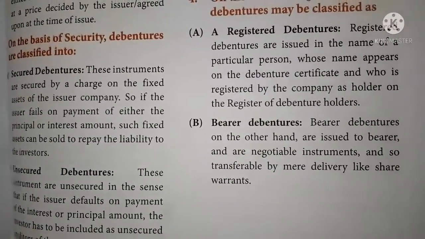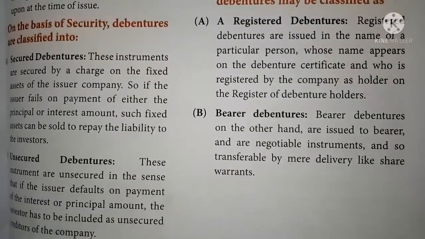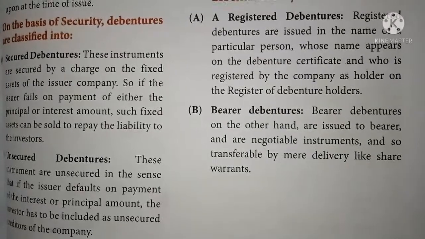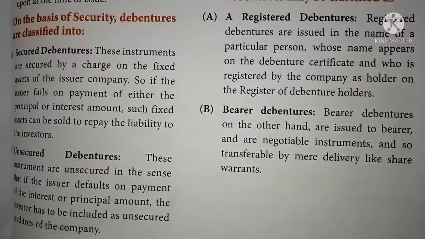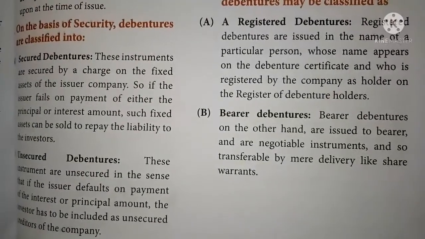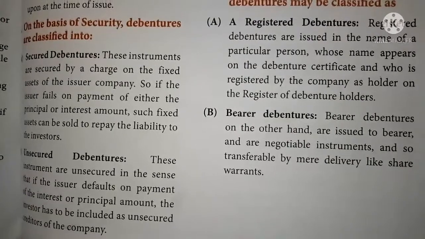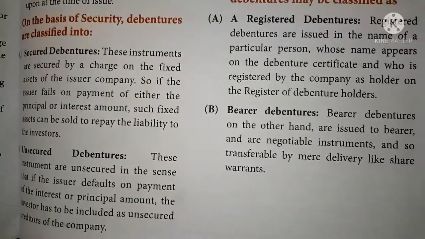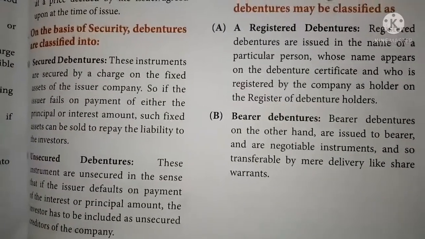That type of debenture is called registered debenture. Bearer debenture means the name of the debenture holder will not be mentioned in the debenture certificate and also the register of debentures. So it is a negotiable instrument and it can be freely transferred from one person to another by mere delivery in the case of bearer debenture.